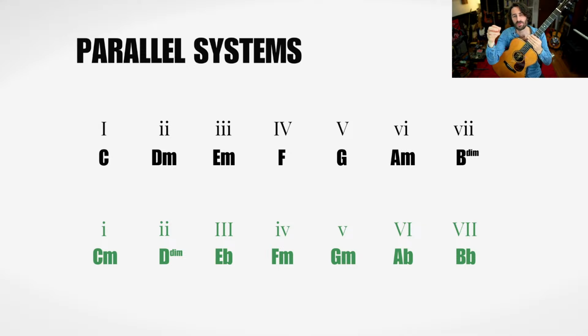So this is called a parallel system, and you get a lot of songs that actually create a parallel system at the beginning of the song, and then they'll blend chords between the two systems, or they'll borrow chords or pick chords from these two systems in parallel.